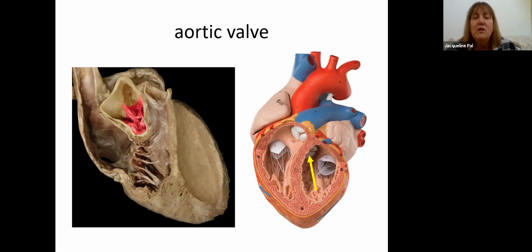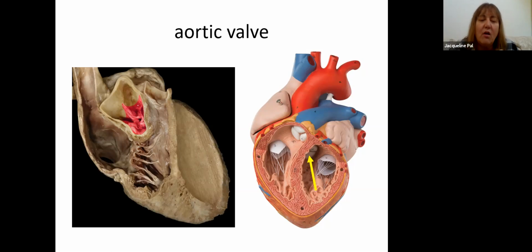So those are the four valves, but I do want to spend just a moment talking about the tricuspid valve on the right side and the mitral valve on the left side. If you notice, they do not have the same structure as the aortic and pulmonary valves, which are just these little cusps going like this.